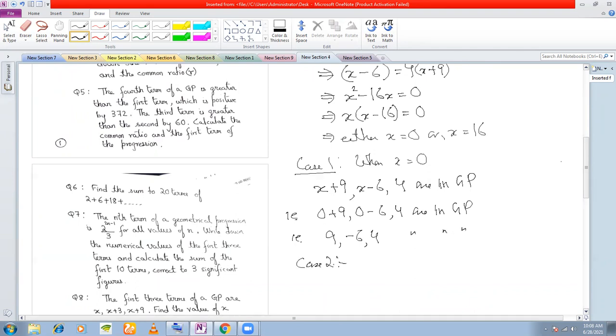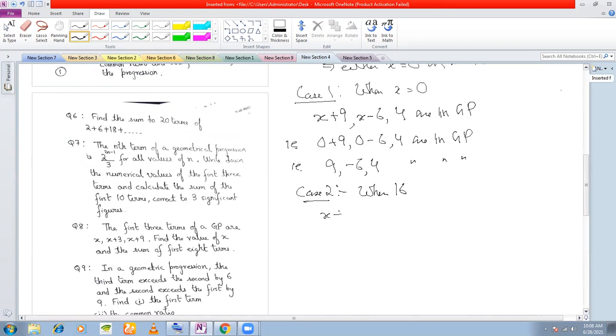Case 2, when x is equal to 16, x plus 9, x minus 6, 4 are in GP. Put the values, that is 16 plus 9, 16 minus 6, 4 are in GP. What are the terms here? 25, 16 minus 6 is 10, and 4 are in GP.